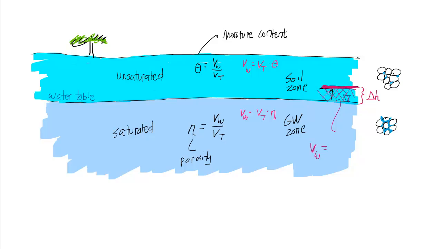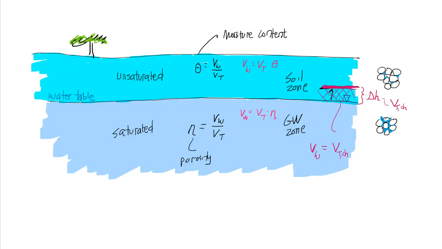Let's just call this volume here. This is going to give us the volume here, the volume of total change. So the volume of water, the total changed volume, is that region, the volume that has been converted from unsaturated zone to saturated zone.